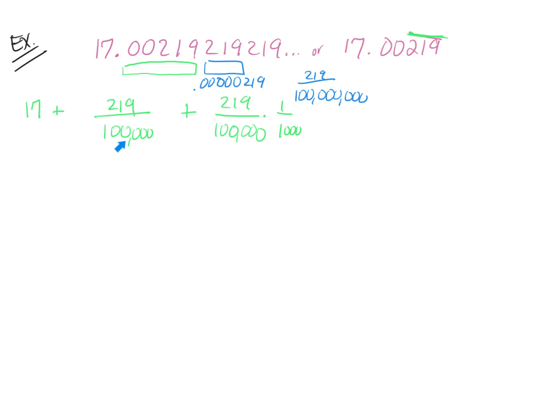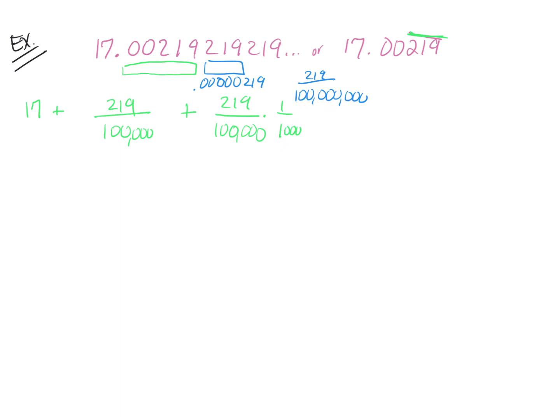This previous term gets multiplied by 1 over 1,000. That will give us 219, and then 100,000 times 1,000 is 100 million. 5 zeros and 3 zeros gets us 8 zeros, which is what we had.